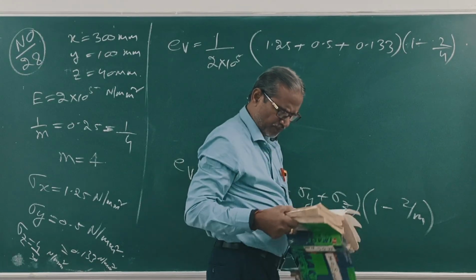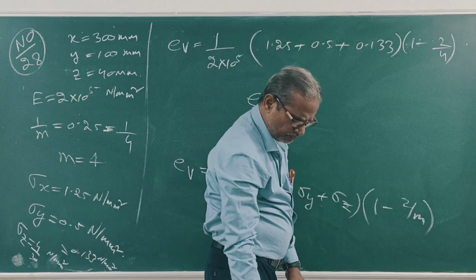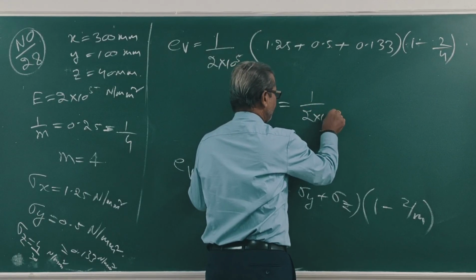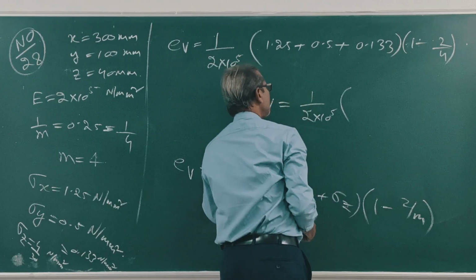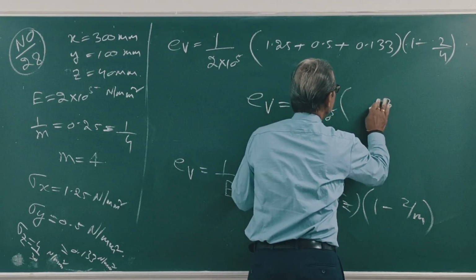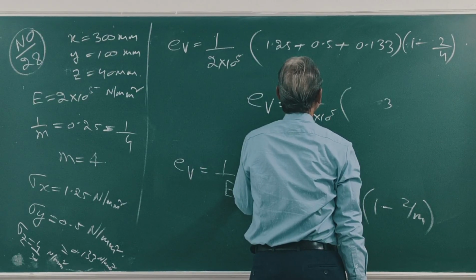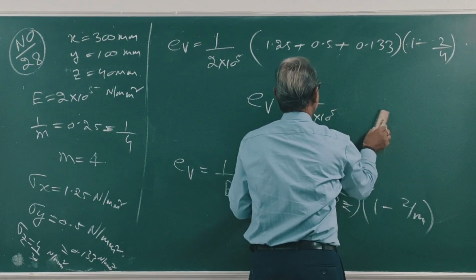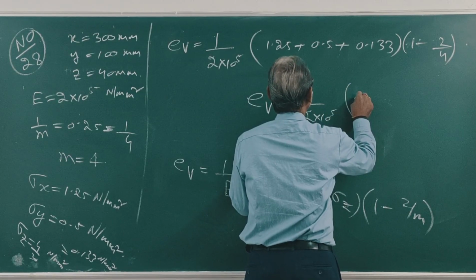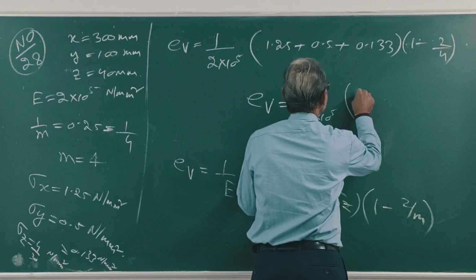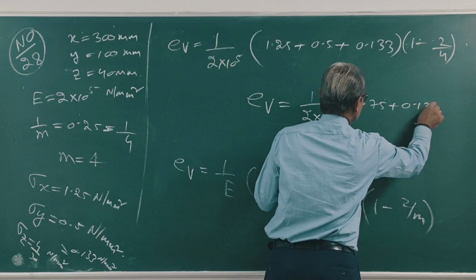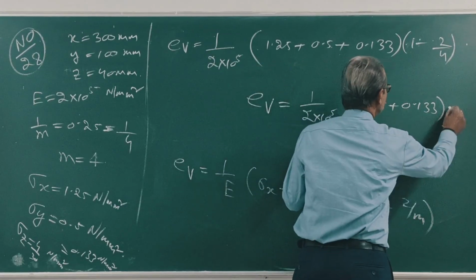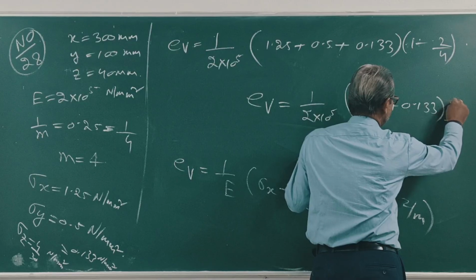EV is equal to 1 by 2 into 10 to 5 into 1.25 plus 0.5, 1.75 plus 0.133, 1.883, into 1 minus 2 by 4, 1 minus 0.5, 0.5, half.